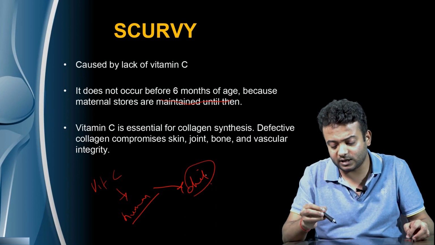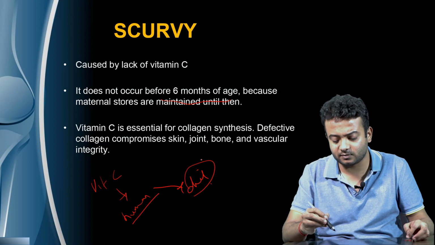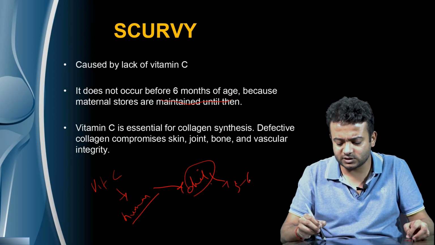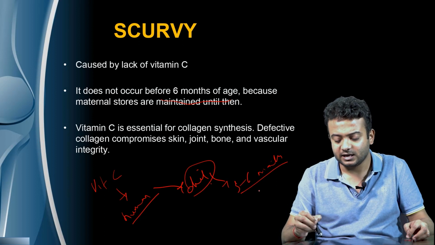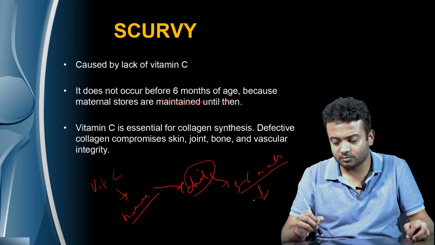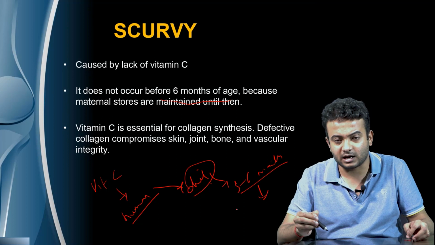Hence a chronic dietary deficiency of vitamin C for more than 3 to 6 months can result in vitamin C deficiency. Hence it can occur in periods of chronic malnutrition, in periods of chronic other stress conditions as well.